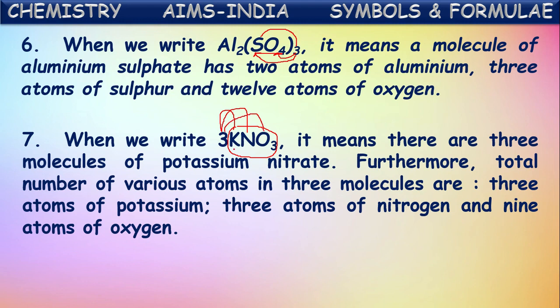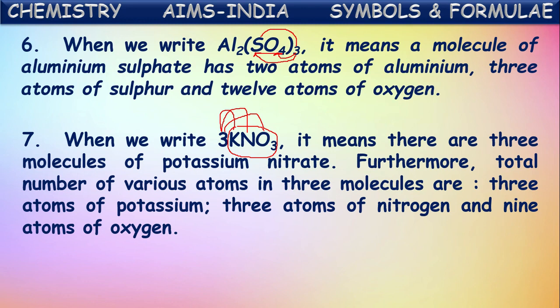Now we can say there are 3 potassium atoms and 3 nitrogen atoms. At the same time, 3 into 3 for oxygen, because there is already one more 3 here. So 3 atoms in each of the 3 molecules, totally 9 oxygen atoms are present in the given substance 3KNO3.